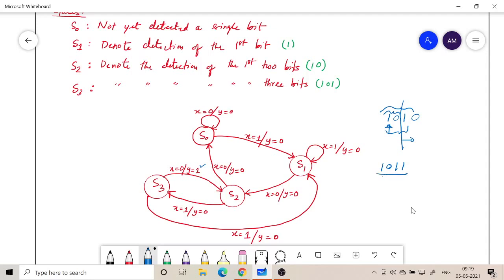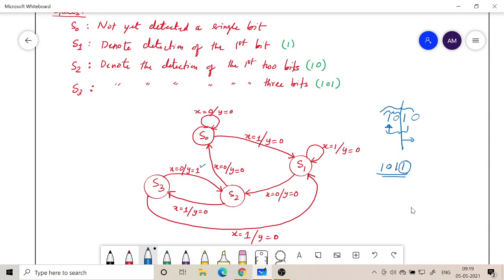Now this is not the sequence, so we failed detecting the sequence. Now where can we go? We can make use of this one. That's the maximum that we can take benefit from whatever data that has come, right? If I take 1 that's not part of the sequence, so I cannot take more than that.